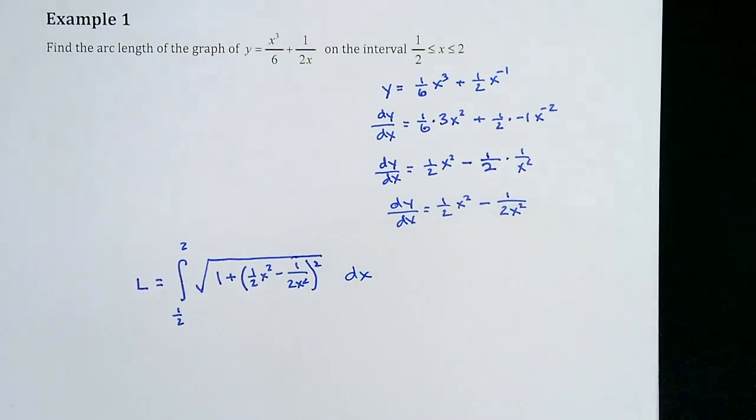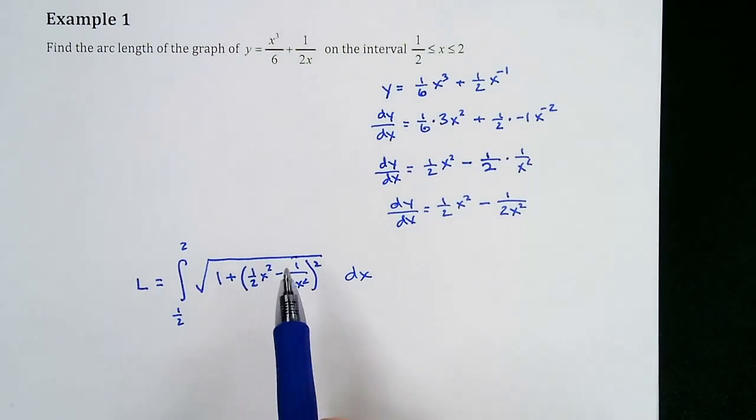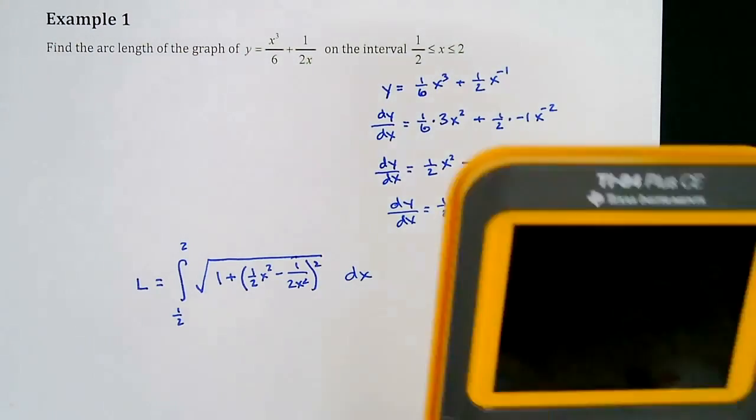Okay, now I'm going to tell you, these are really extremely difficult to integrate by hand. So what we're going to do on all of these is we're going to use our calculator to find this integral, okay? All right, so let's go and grab our calculator and we'll do that.